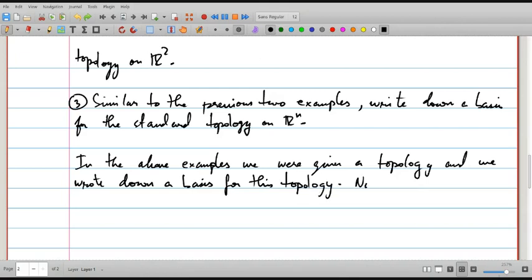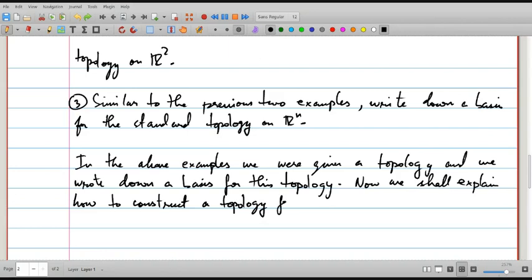So now we shall explain how to construct a topology from a collection of subsets satisfying two properties.